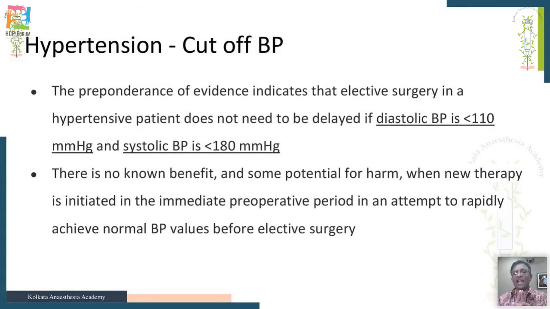Only if the diastolic is greater than 110 or the systolic greater than 180 would you need to manipulate this, because these patients are used to a higher forward pressure flow for organ perfusion. There is a potential of harm if you suddenly start therapy to reduce the blood pressure. So please do not do it.